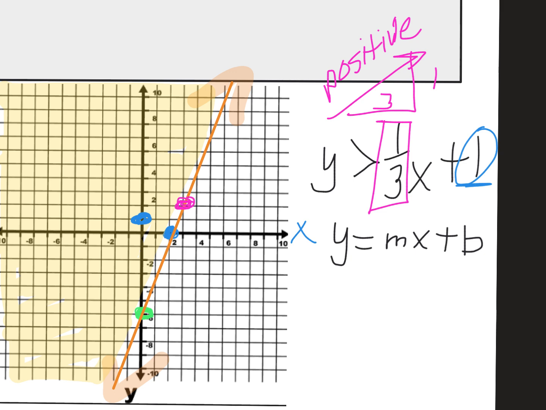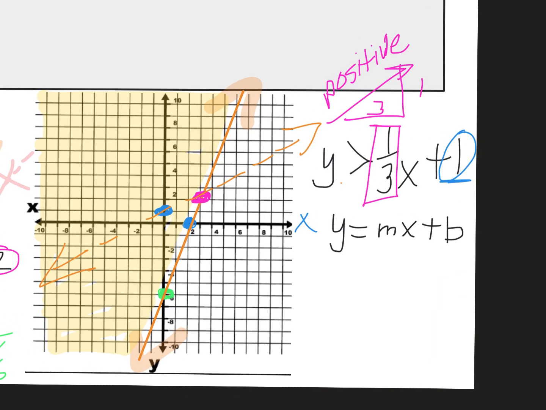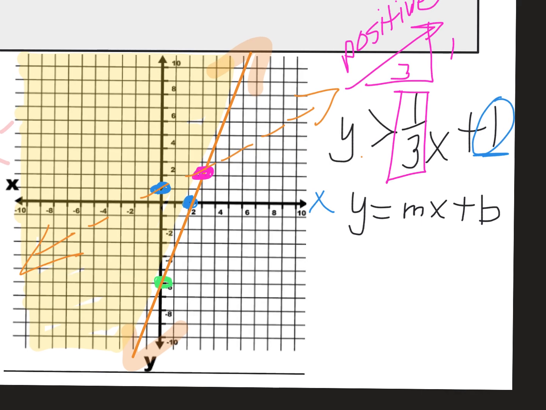So our next coordinate is going to be right there. We are going to connect these coordinates with a dotted line because there is no equal to underneath there. And then lastly, because this is a greater than inequality, we're going to shade above the line.